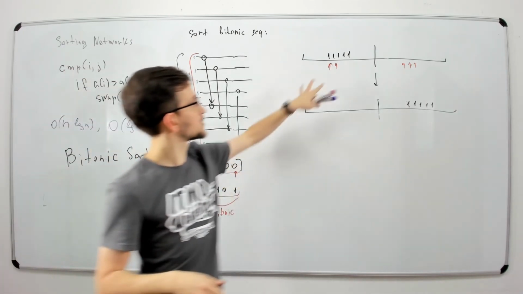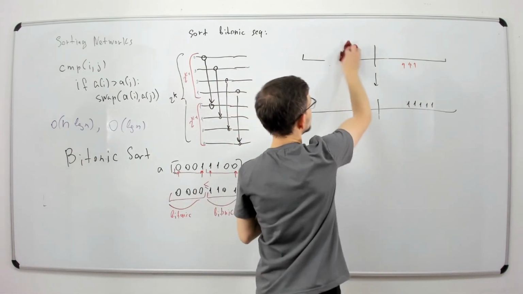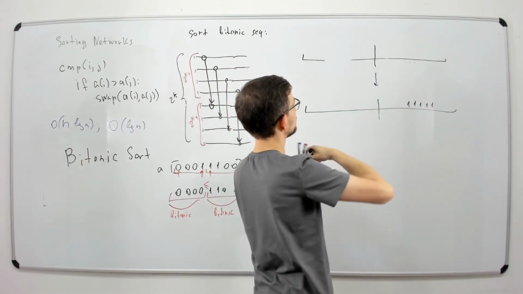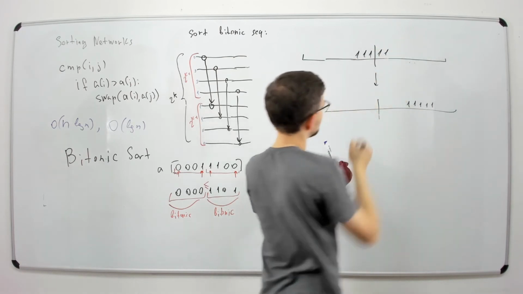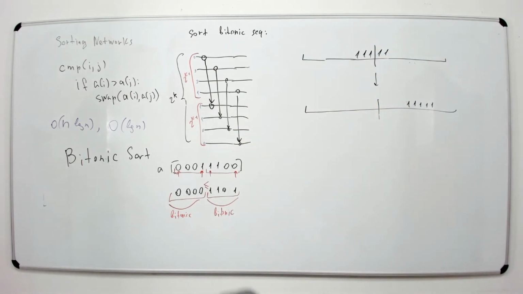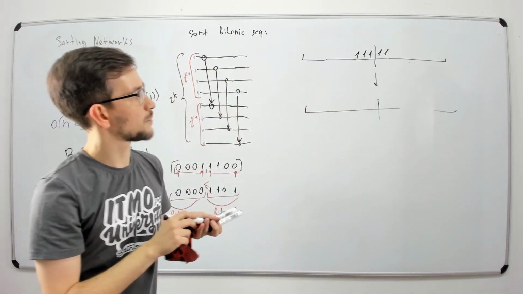Now, if this segment belongs to both halves, so if we have a segment like this, then what happens?